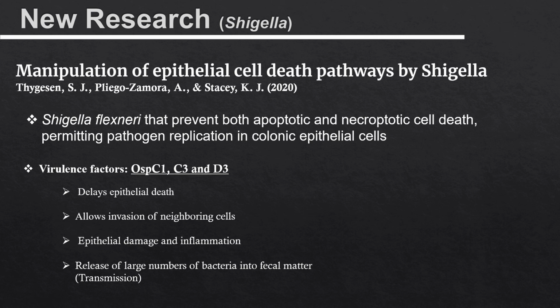In conclusion, by having OspC1, C3, and D3, Shigella delays the epithelial deaths long enough to permit replication to high levels, followed by an invasion of neighboring cells. With this delay, there is ultimately more catastrophic epithelial damage and inflammation with the release of large numbers of bacteria into fecal matter. And as we all know, fecal matter is one way of transmission of Shigella.